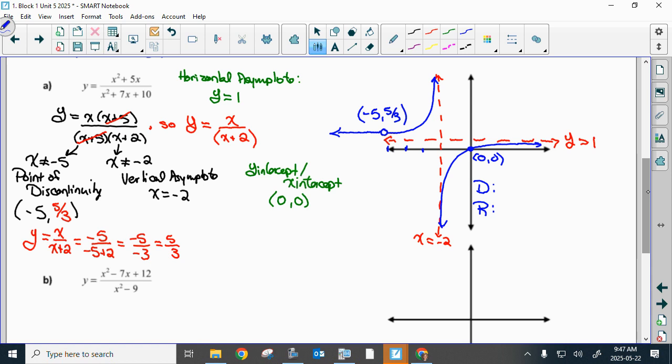And this is when you just have to be smarter than your calculator. Like your calculator won't give you the point of discontinuity. You can play with your calculator to get your asymptotes, but it's just so much easier just to get them properly.